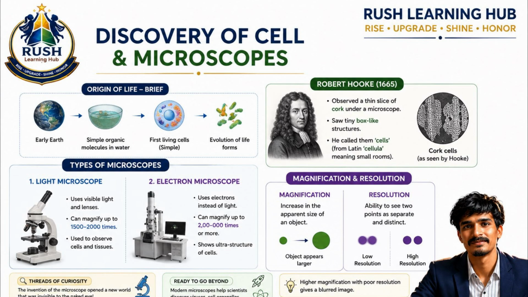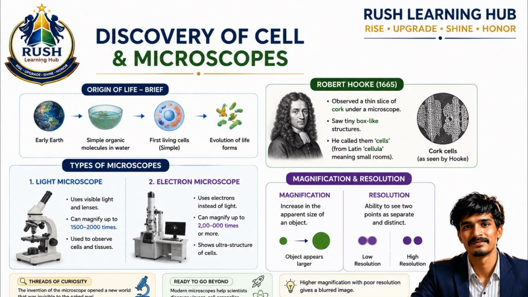To overcome this limitation, scientists developed a more powerful instrument known as the electron microscope. Instead of light, an electron microscope uses a beam of electrons. Because electrons have much shorter wavelengths than visible light, electron microscopes can produce images with extremely high magnification and resolution.